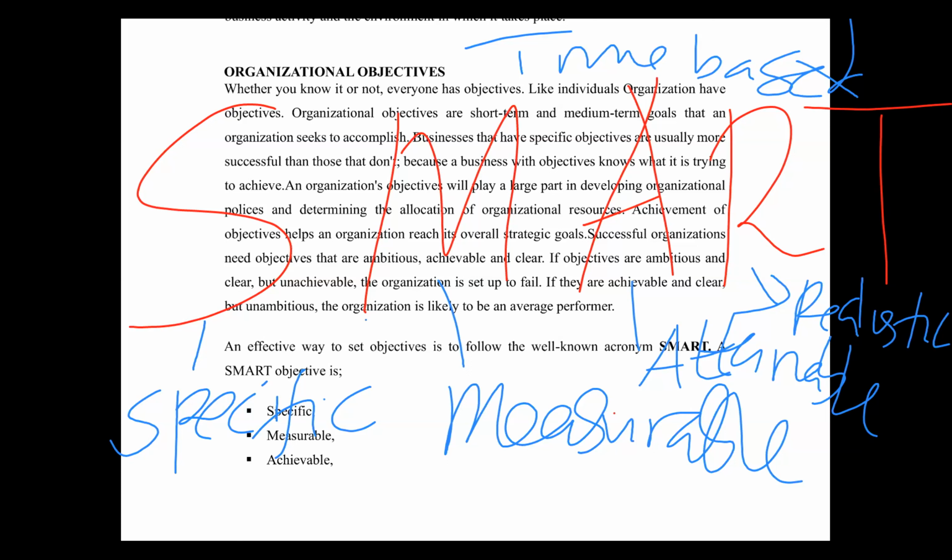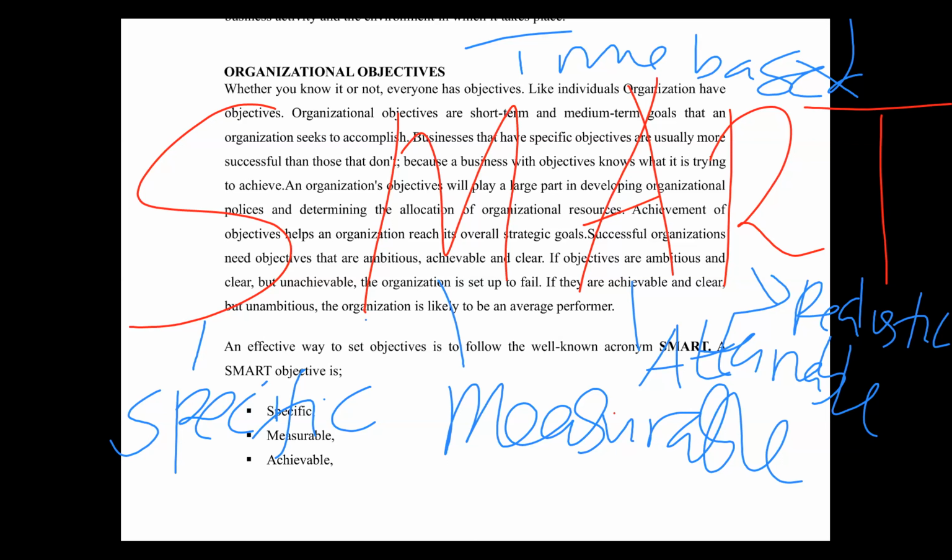There should be key indicators, a tangible way of assessing whether you are progressing towards the set goal or not. There should be a way of measuring how far we are from the goal. That's what we mean by measuring.